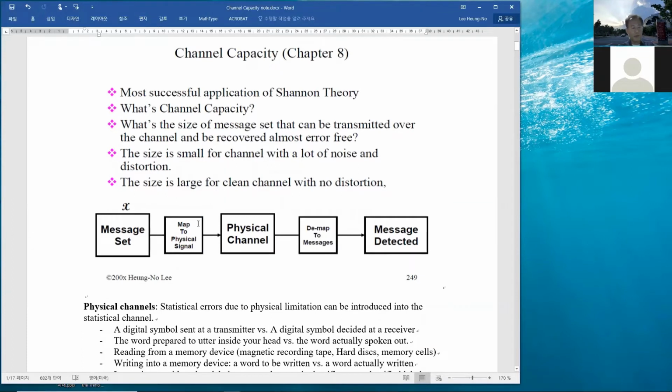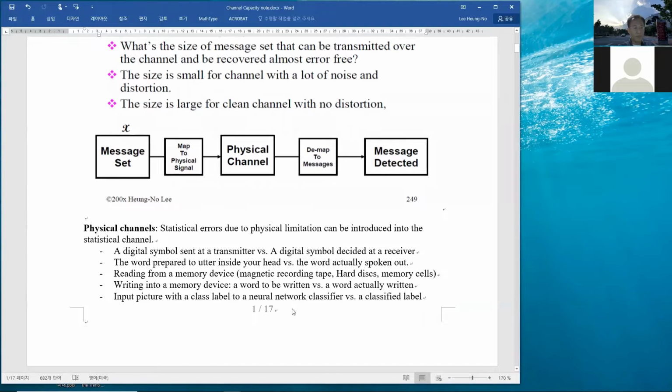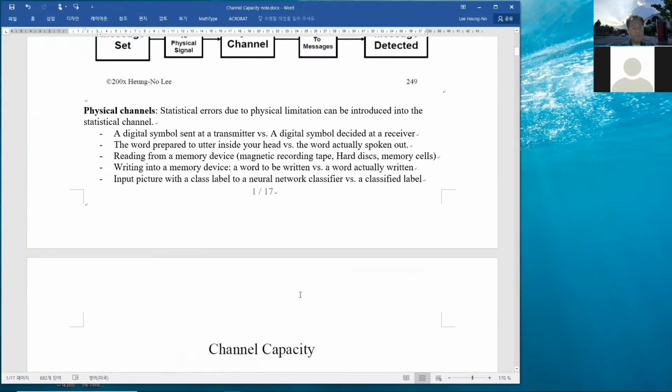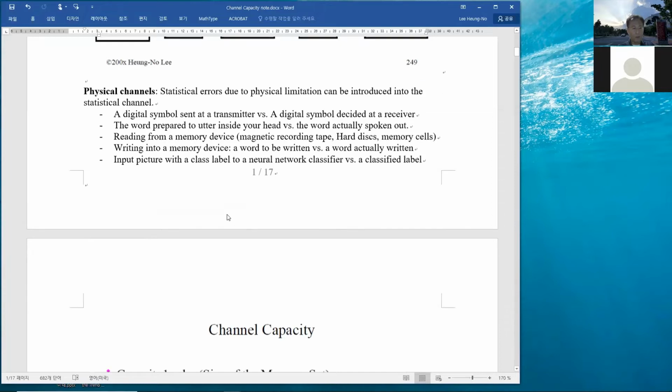It also described some of the physical channels. And in my Hamming code note, I also talk about two physical channels. One is cell phone channels, the other one is internet.